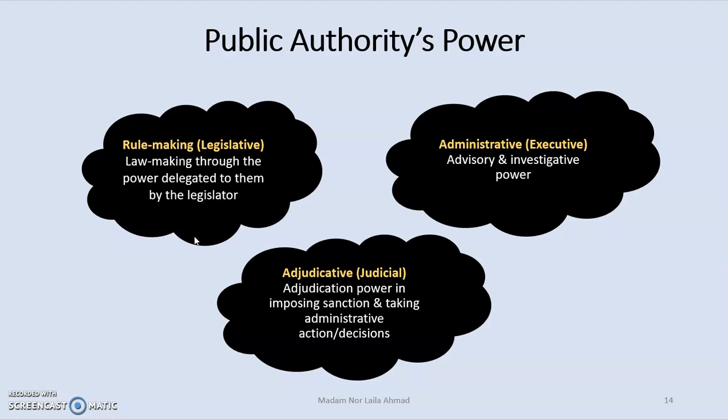In other words, they have been conferred their powers by the enabling legislation or by the constitution, and they, as public authorities, cannot exceed those powers. So you will find the powers of a public authority through the enabling legislations or through the constitution.